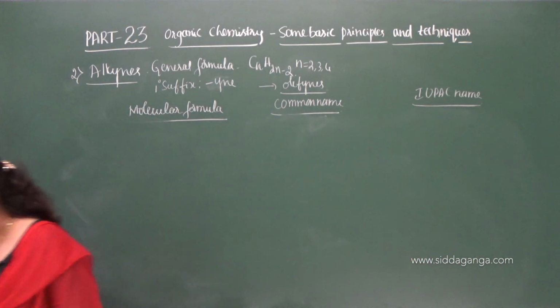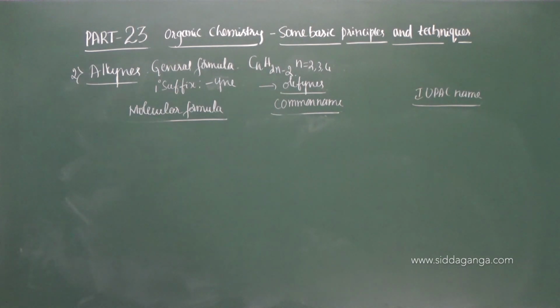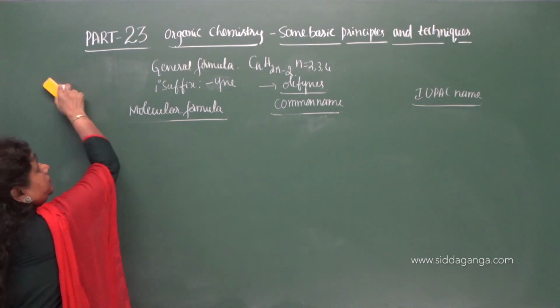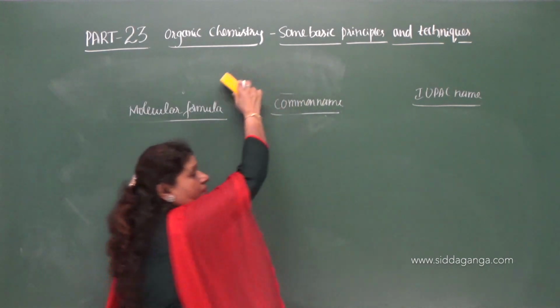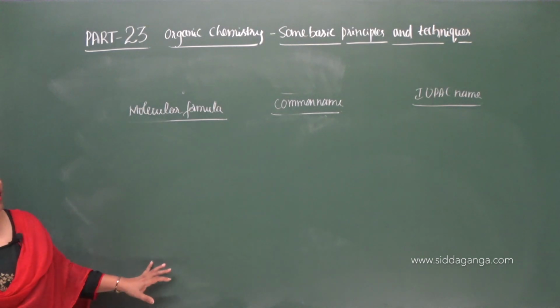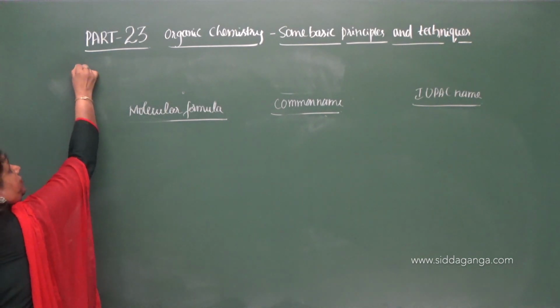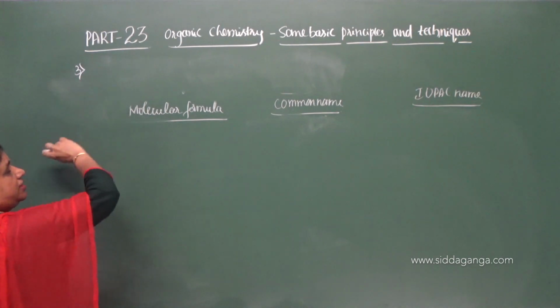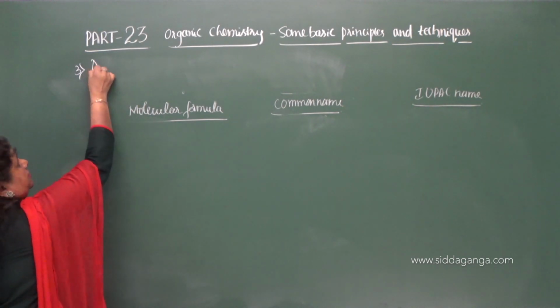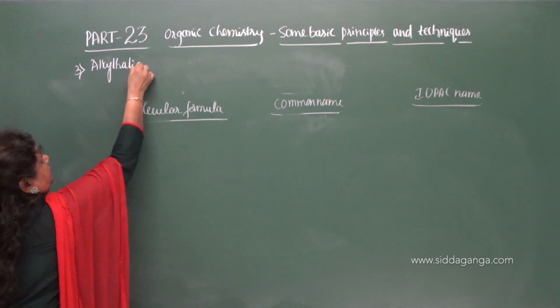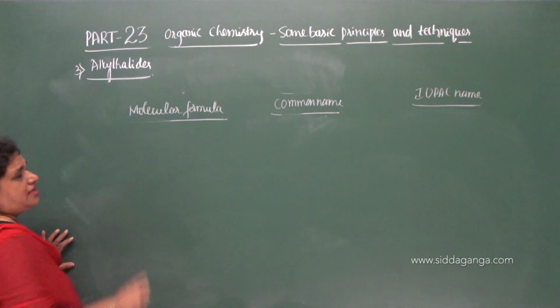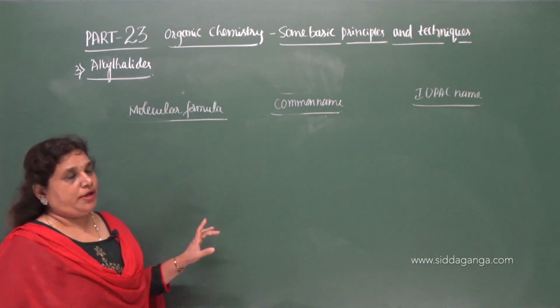So the next series of organic compounds, the third one, is alkyl halides, that is, halogen derivatives.